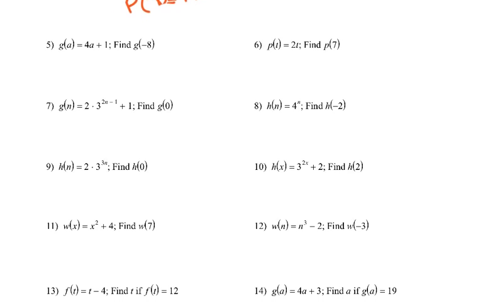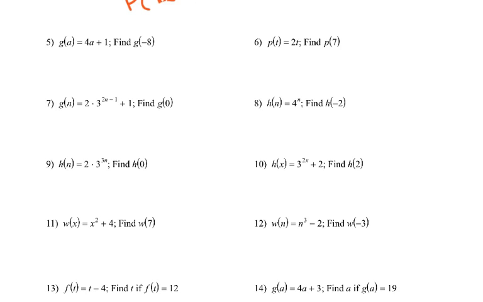Now if it's an exponent like number 7, you treat it the same way. You go g of 0, right? We take that input and we replace the inputs, equals 2 times 3 to the 2 times 0 minus 1 plus 1. Now this can be a little more complex, but we just take it a piece at a time, dealing with the exponent first.